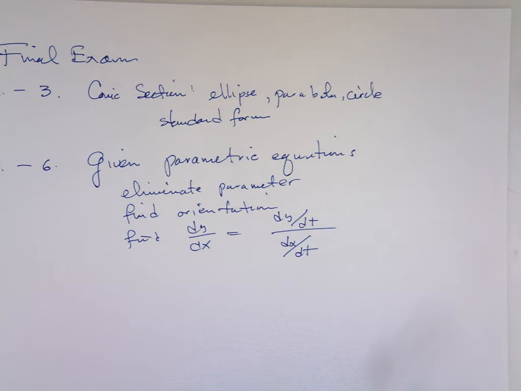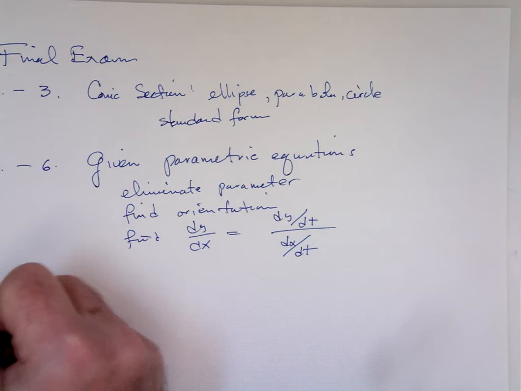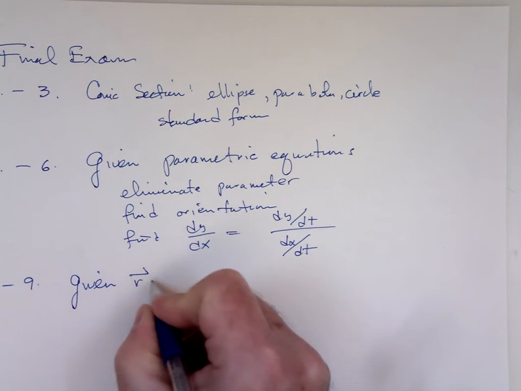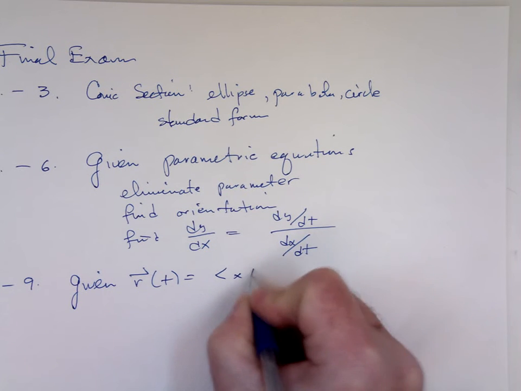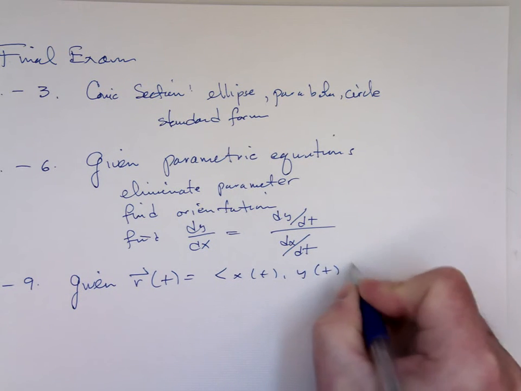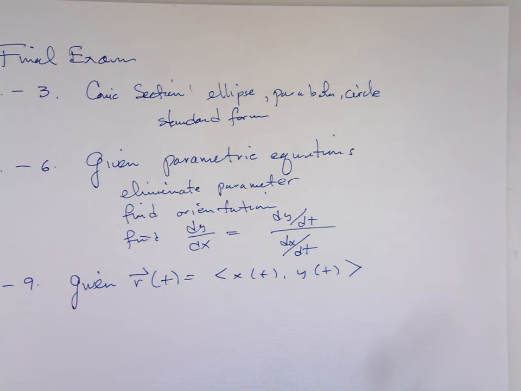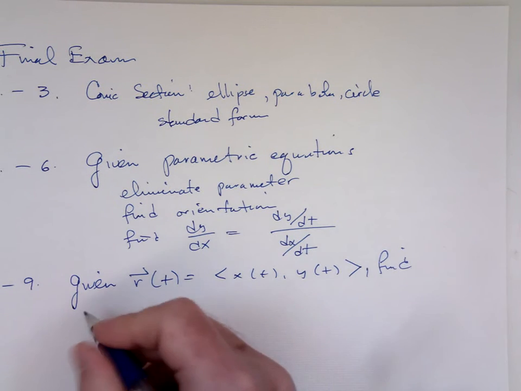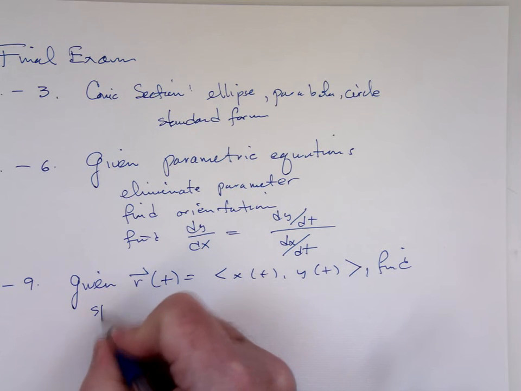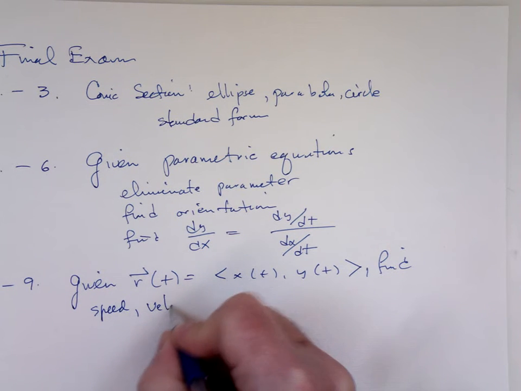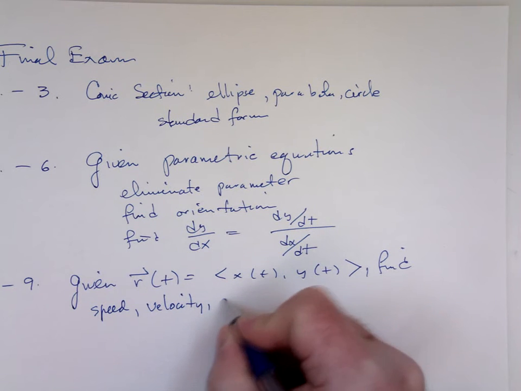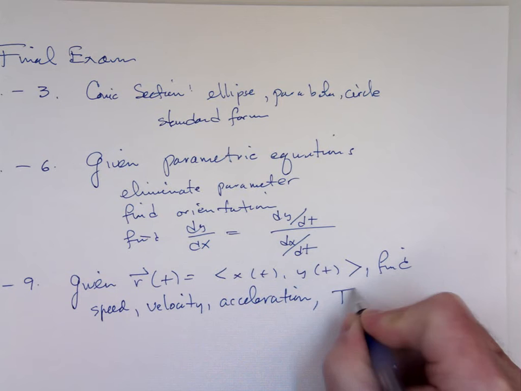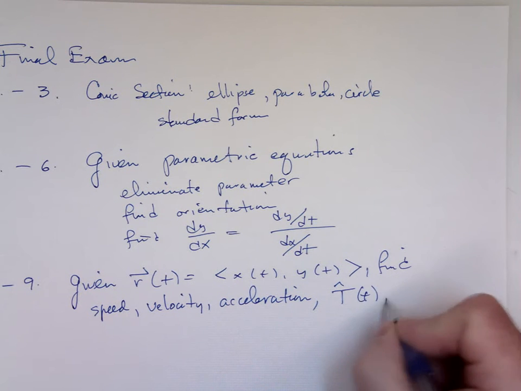Now we're into the second test, 7 through 9. I would give you a vector valued function. And I would ask various things, which you would expect. I would ask for speed, velocity, acceleration, unit tangent, principal unit normal.